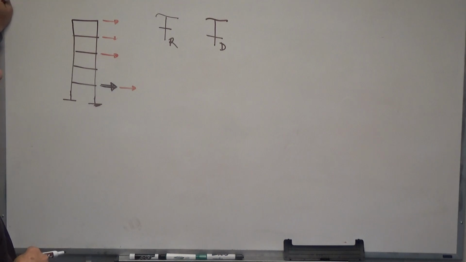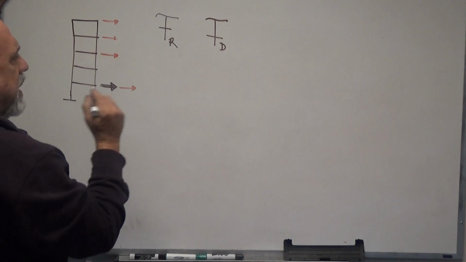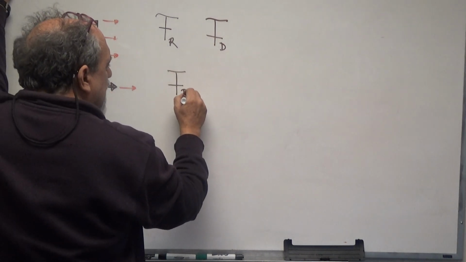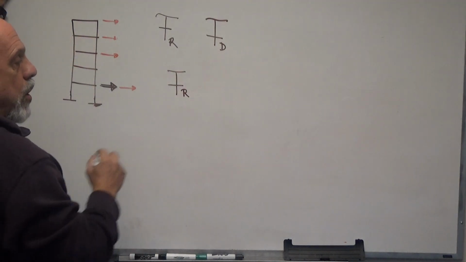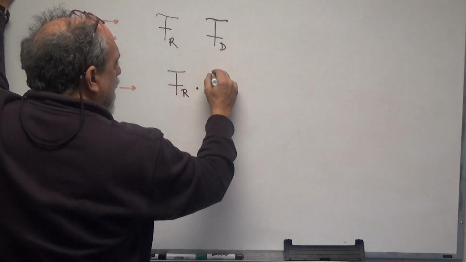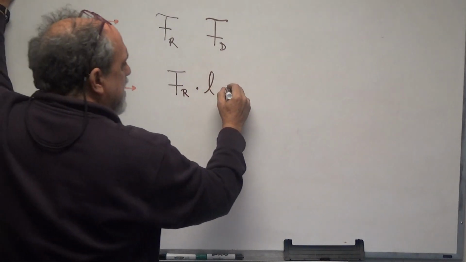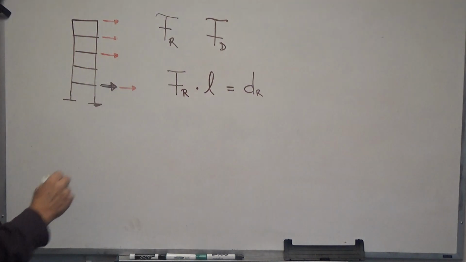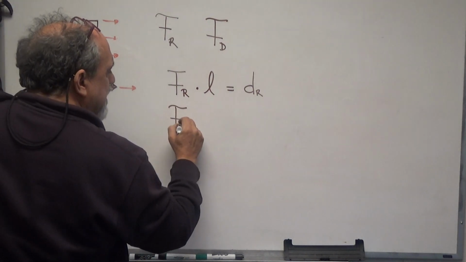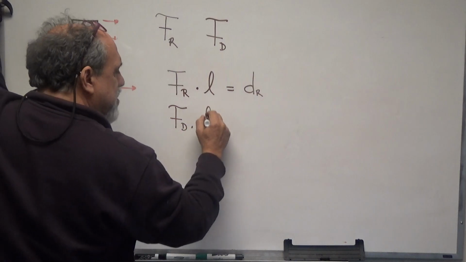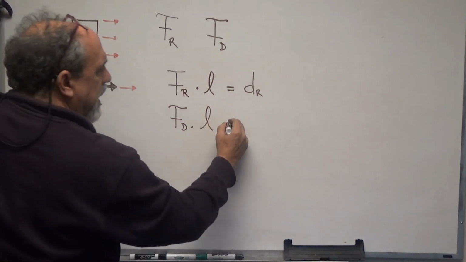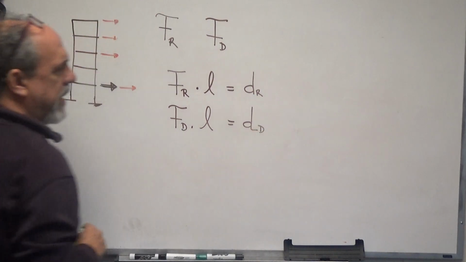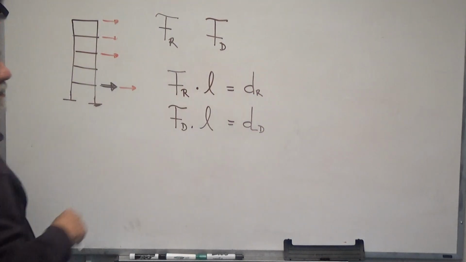Now, this is the logic of the DLV approach. It goes like this. The flexibility in the reference state multiplied by loads would be the displacements of the reference state, right? Now, the flexibility in the damage state, if I multiply it by some loads, will be the displacements in the damage state, correct? And this load is the same.